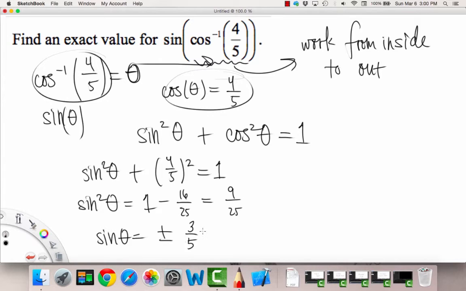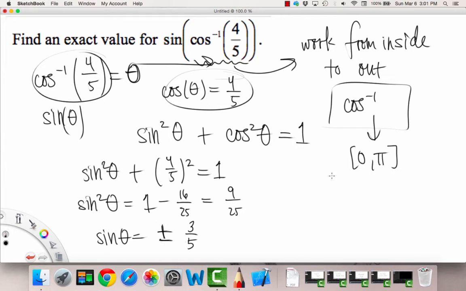But we know one thing, because now we're at, do we get the positive answer or the negative answer or both? What's going on here? So the thing is that this inverse cosine function only outputs values or angles in between 0 and pi. Remember, that's the domain that we restricted our cosine function to, which also means that this is the range of our cosine inverse, okay?